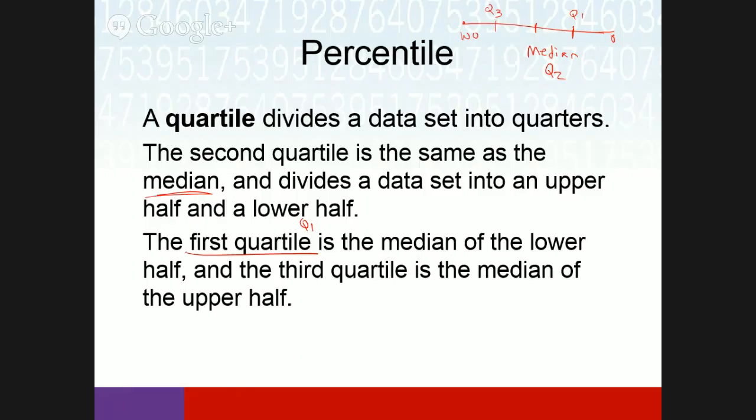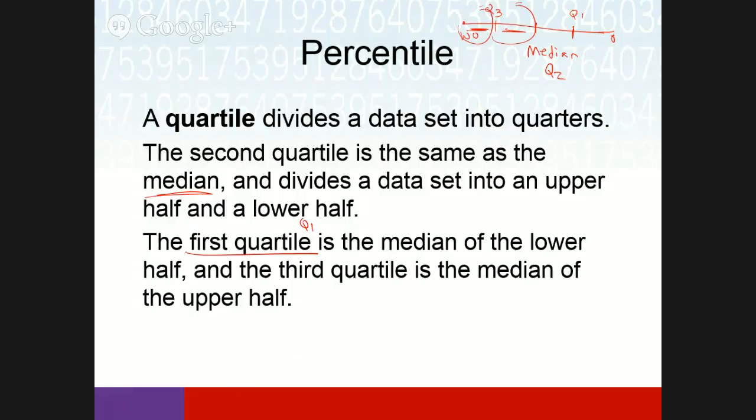So what we're doing is chopping up these data points into evenly distributed groups. Now this might not be 25 units long, but there's going to be the same number of data points in this region as in this region. That's what the median does.